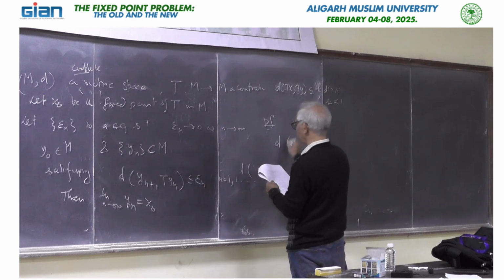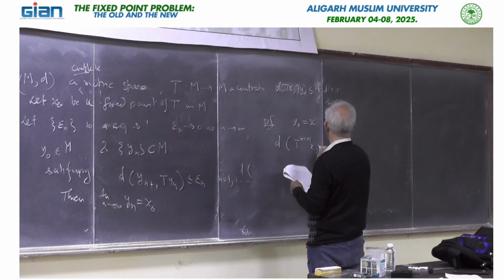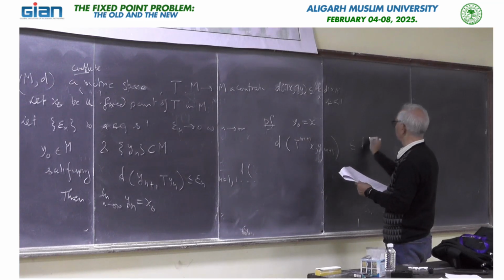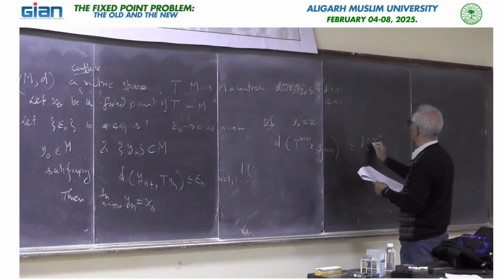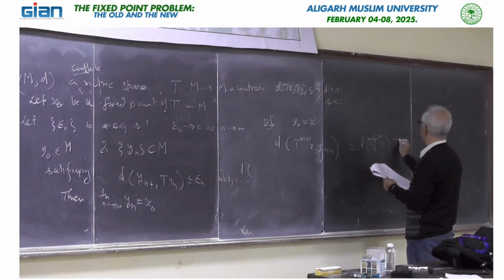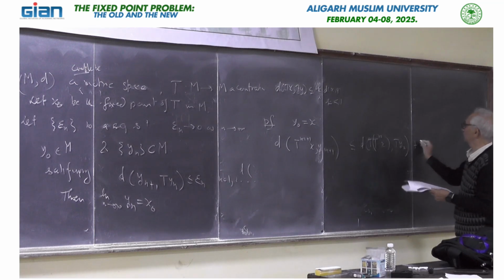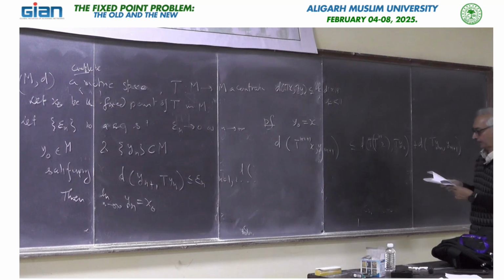Okay, so d of T^{m+1} x, y_{m+1} is less than or equal to, by triangle inequality, d of T^m, T of T^m x and T of y_m, you add and subtract like that, and then by triangle inequality you get d of T y_m and y_{m+1}.